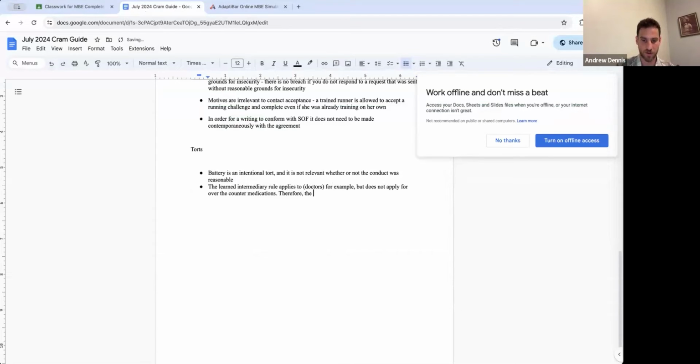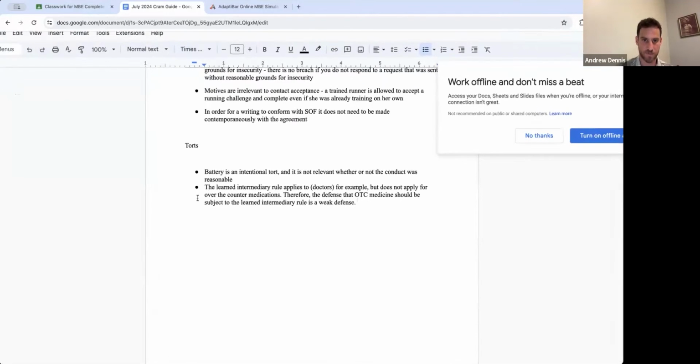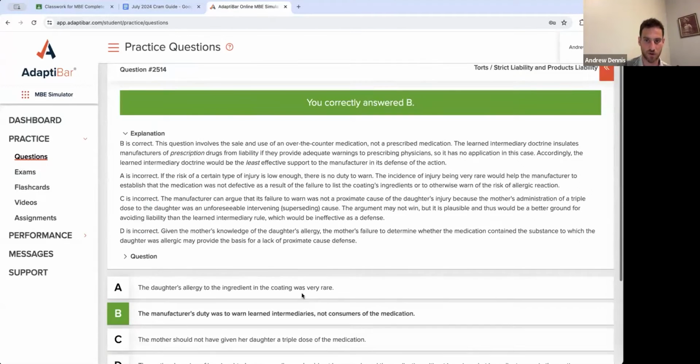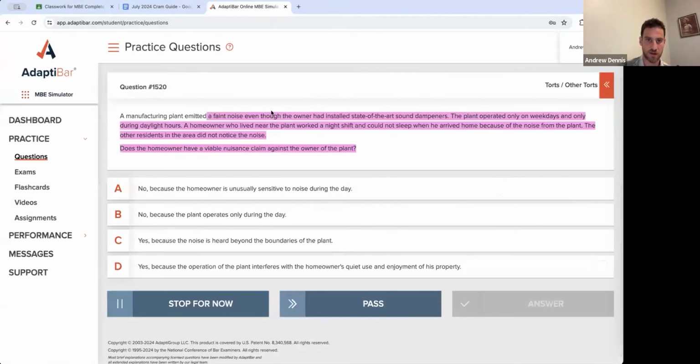Therefore, the defense that OTC medicine should be subject to the learned intermediary rule is a weak defense. Does that pretty much make sense to everyone? It's a good interpretation of it, that the learned intermediary rule is not going to apply to over-the-counter medication. Okay. Ooh, that's a good one.